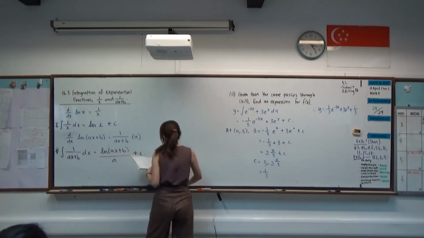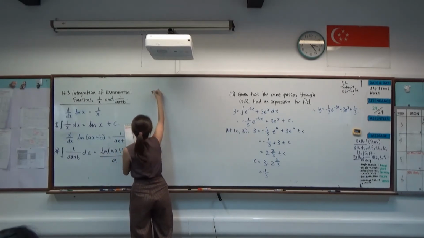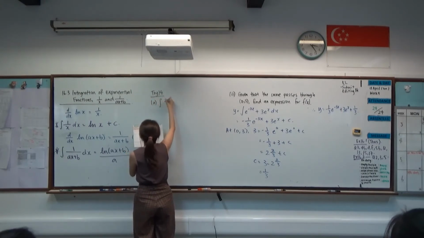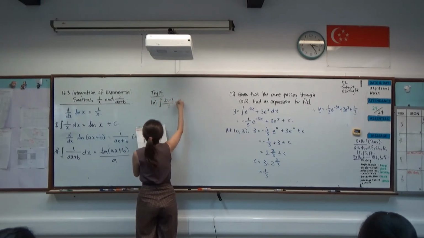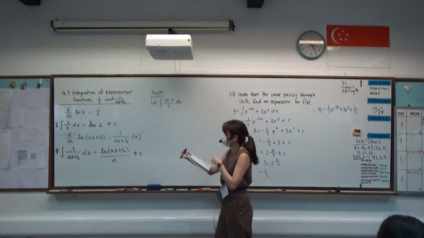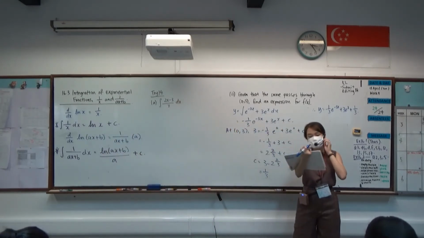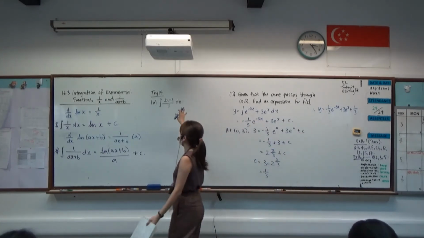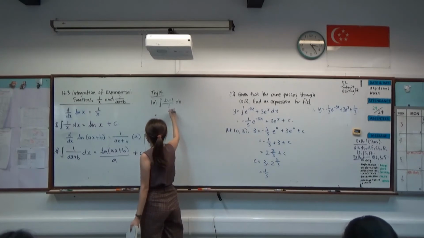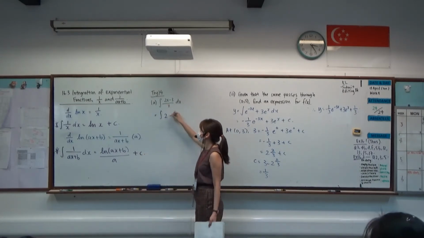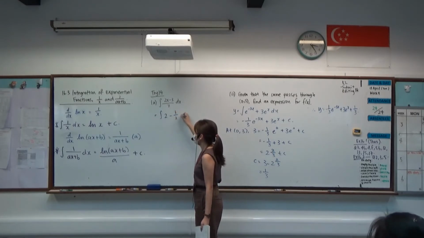Let's look at some examples. Looking at try 14, part A, when I want to integrate 2x minus 3 over x, we would not have any quotient rule or anything. So simplifying this first, we are looking at 2 minus 3 over x.